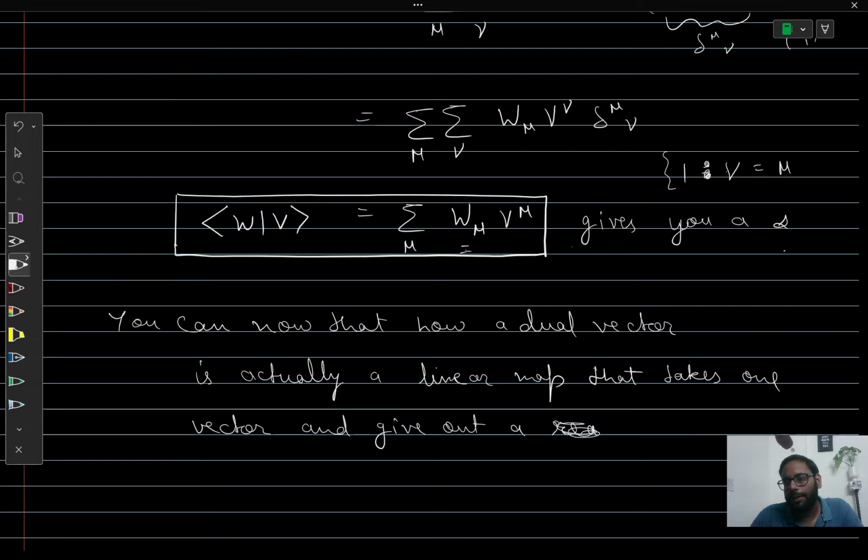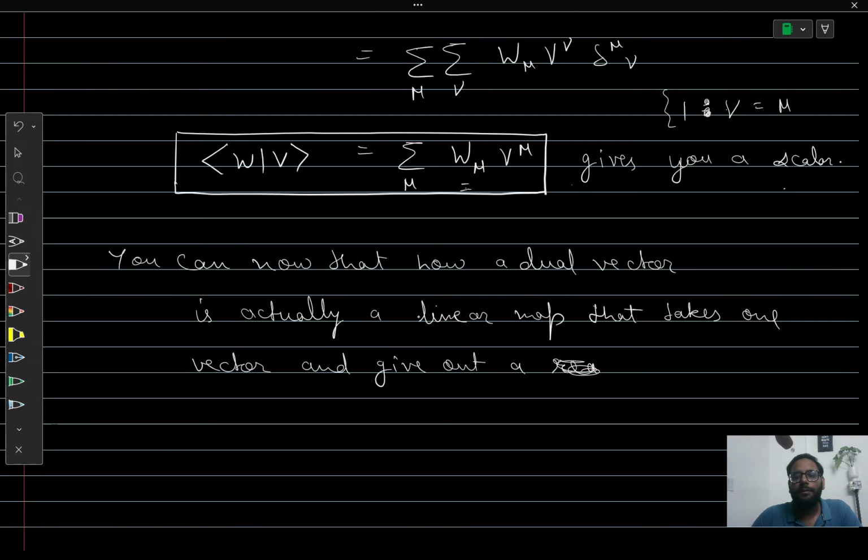It gives you a scalar, and scalars are always invariant, and in all the experimental things, the output data is only of scalars. So whatever physical quantity you are constructing, maybe it is a tensor or vector or whatever it is, you should be able to convert it into a scalar quantity.